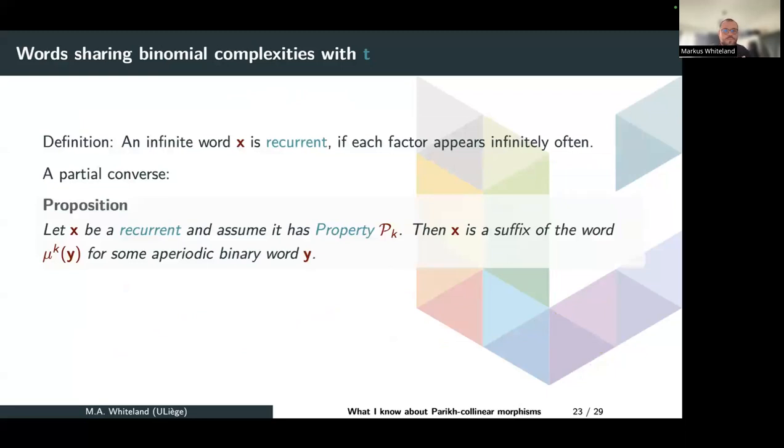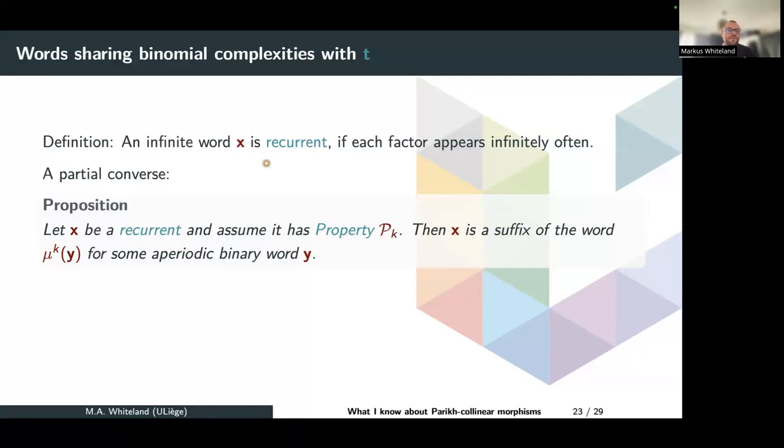So that was a generalization of one direction of the theorem, and here's a partial converse. For this, I just want to recall that an infinite word is called recurrent if each factor appears infinitely often in it.